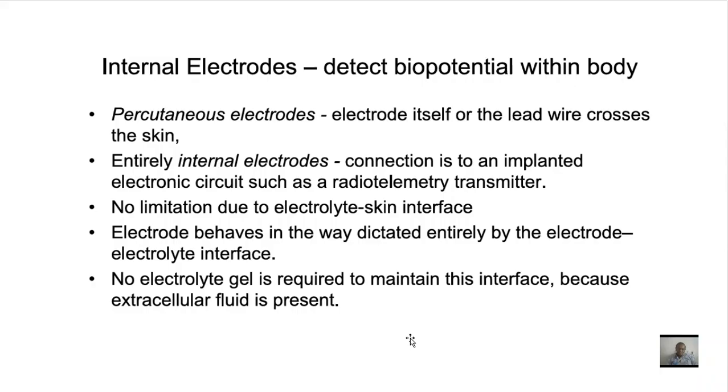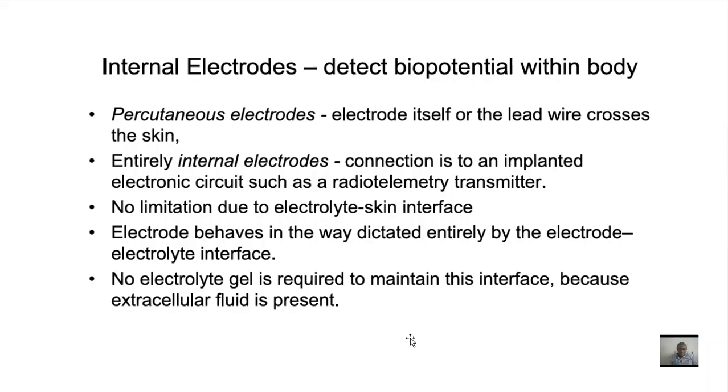Okay, these internal electrodes: percutaneous electrodes, that is, the electrode itself or the lead wire crosses the skin. We are inserting the electrode into the skin so that it is going below the skin. That is percutaneous electrode.